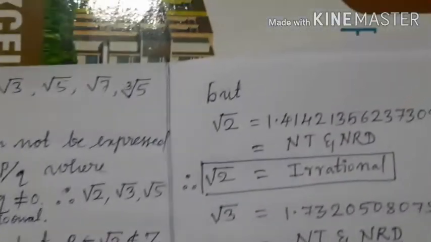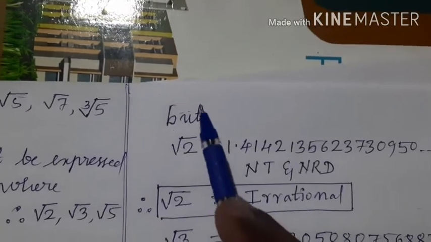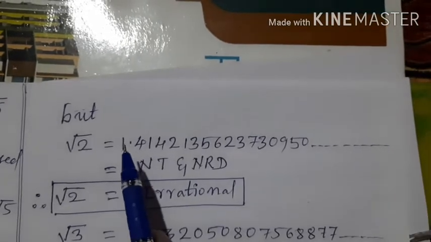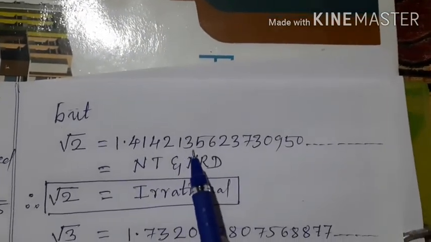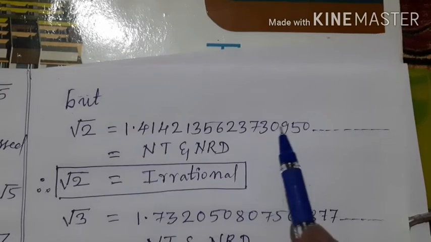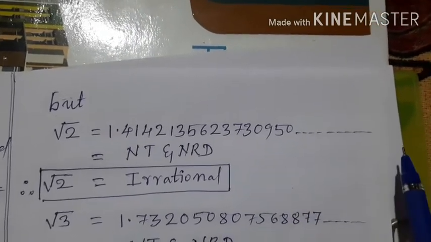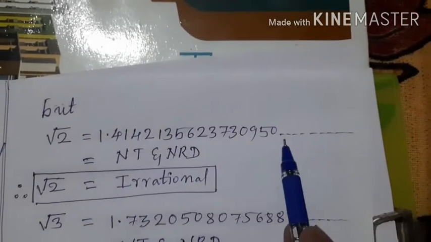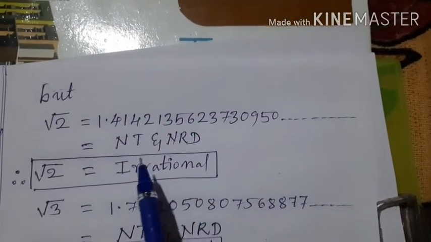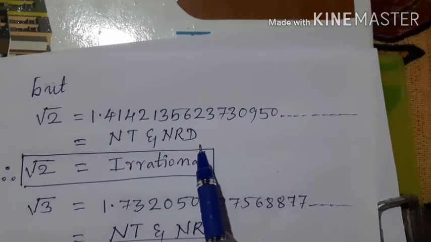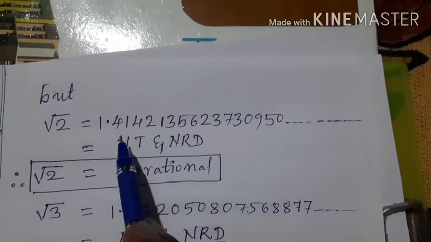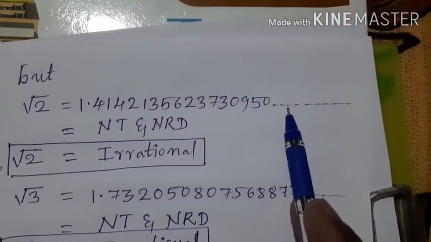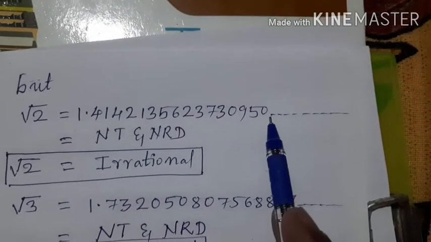But now let us see some other examples. If you take square root of 2, its value is equal to 1.4142135623730950 and so on. So root 2 is equal to a decimal. What type of decimal? Non-terminating and non-recurring decimal. Here in the decimal part, how many digits are there? Infinitely many digits. Therefore it is a non-terminating decimal.